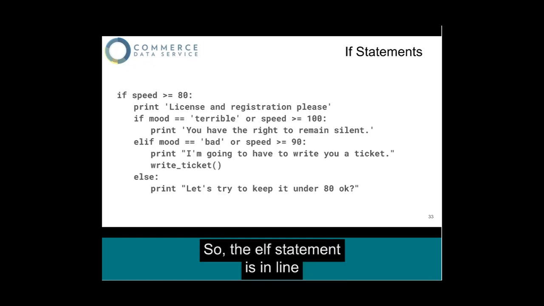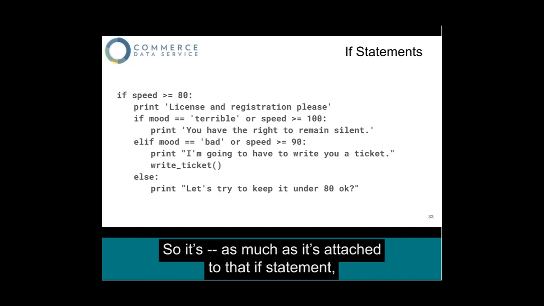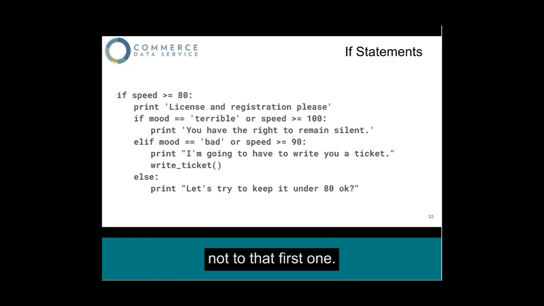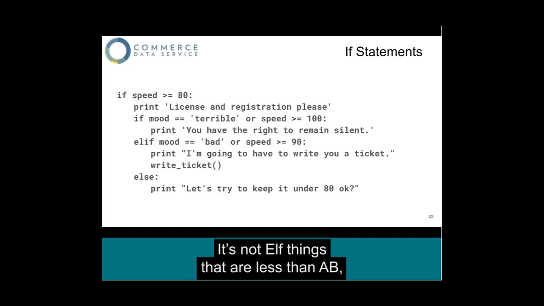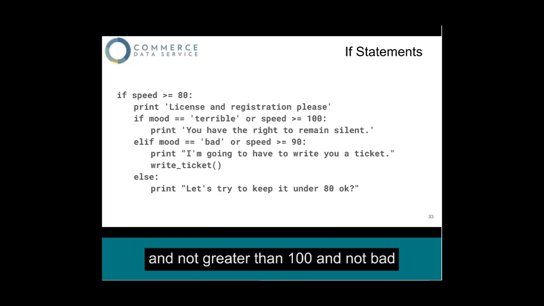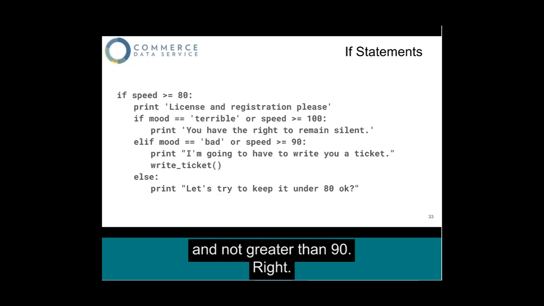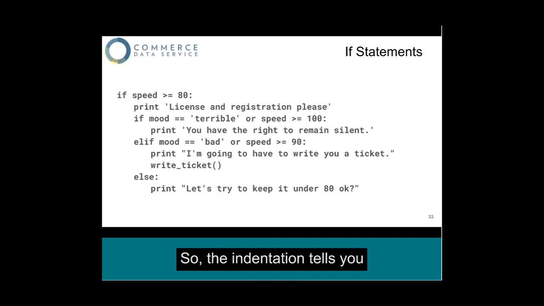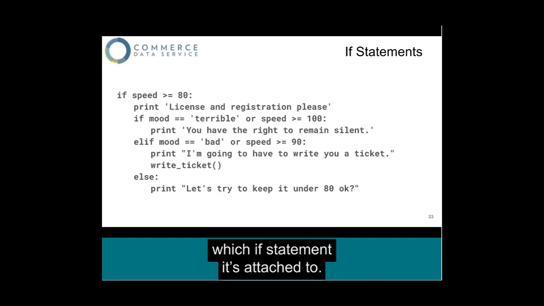The else statement is in line with the second if statement, so it's attached to that if statement, not to the first one. So it's not else things that are less than 80. It's else things that are not terrible and not greater than 100 and not bad and not greater than 90. So the indentation tells you which if statement it's attached to.